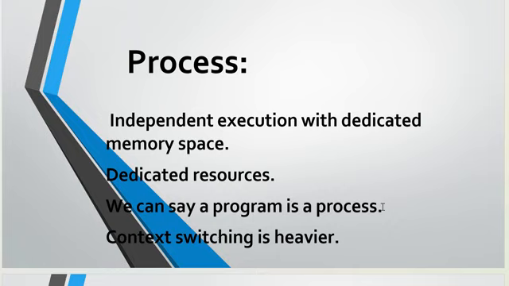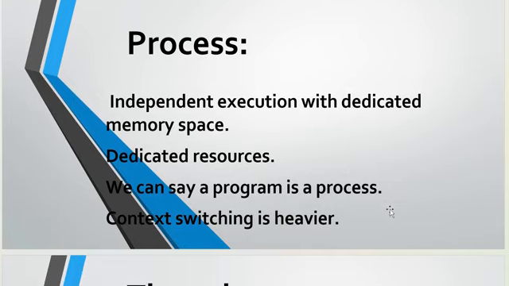The whole program is a process, and it may consist of one or more threads. One process will have multiple threads. Here one drawback is there: when we switch from one thread to another thread, that we call context switching, that will take more memory, so it is a little heavier.